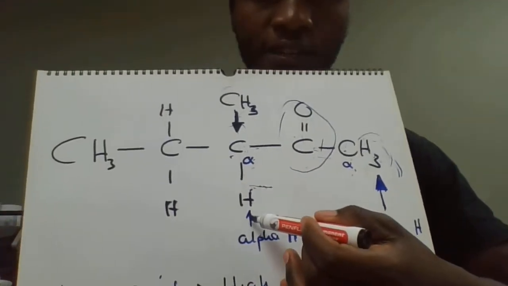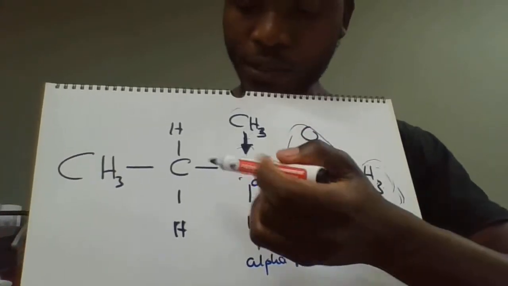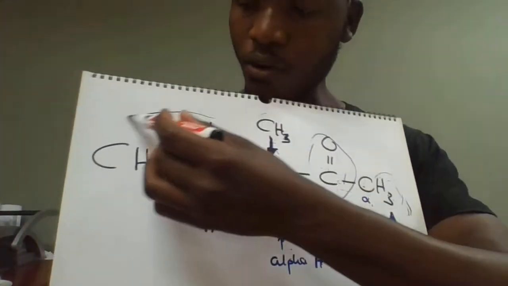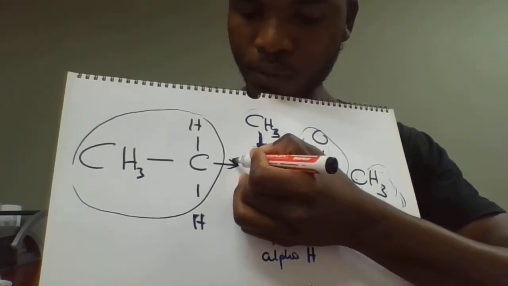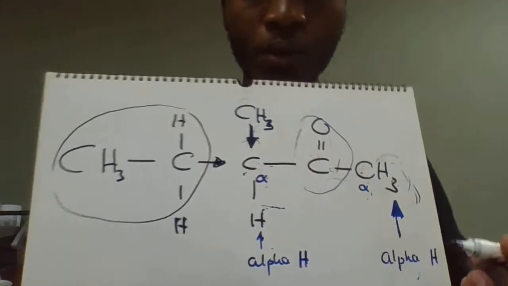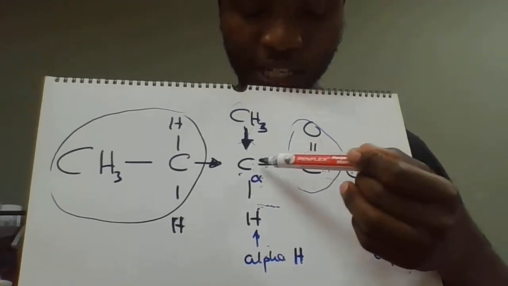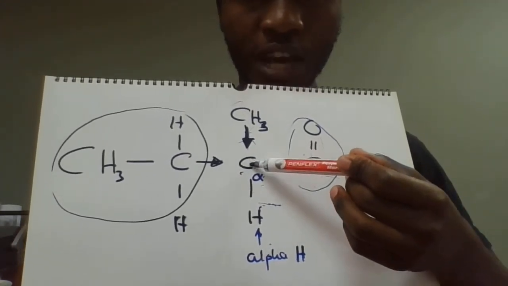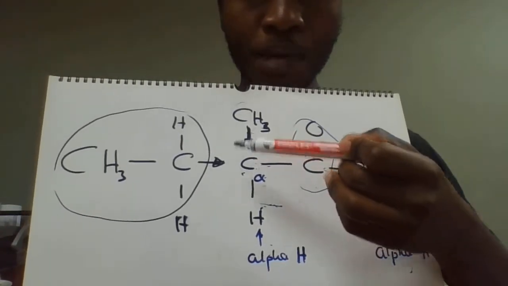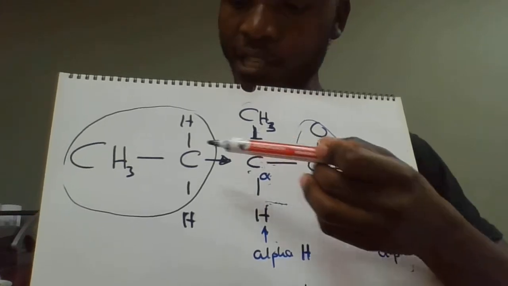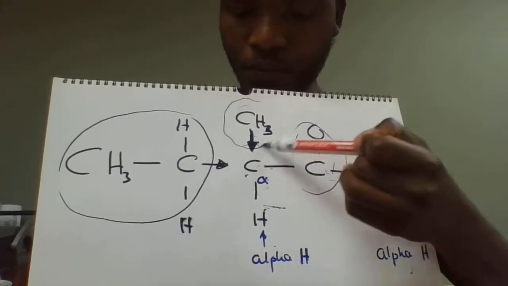If you check this hydrogen, this carbon is attached to this methyl group and also to this ethyl group. Even though this carbon has a partial positive charge due to the carbonyl group, that partial positive charge is being neutralized by the ethyl group and the methyl group.